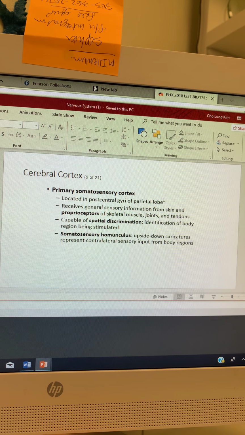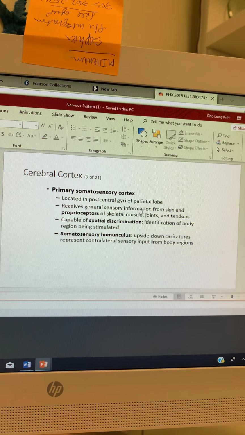Primary somatosensory cortex is located in the postcentral gyri of the parietal lobe. It receives general sensory information from skin, and from proprioceptors, which are receptors of your own body within yourself, in skeletal muscle, joints, and tendons.